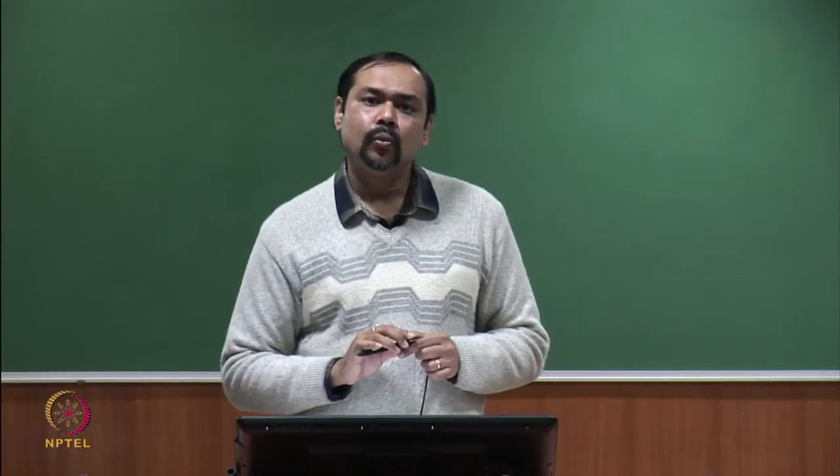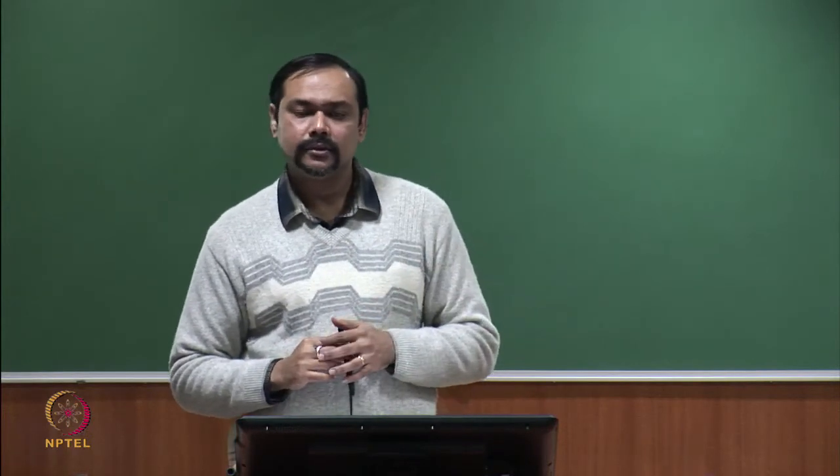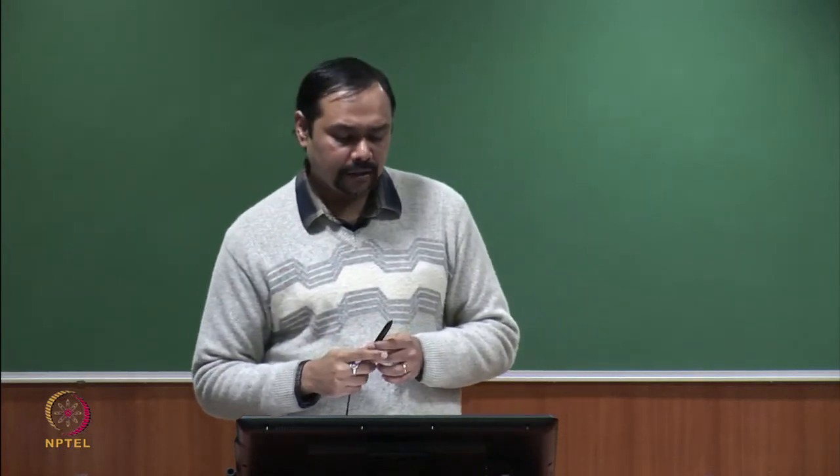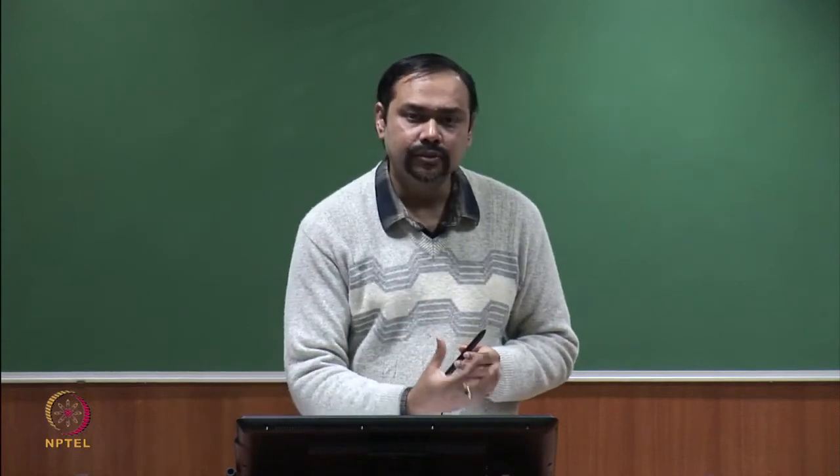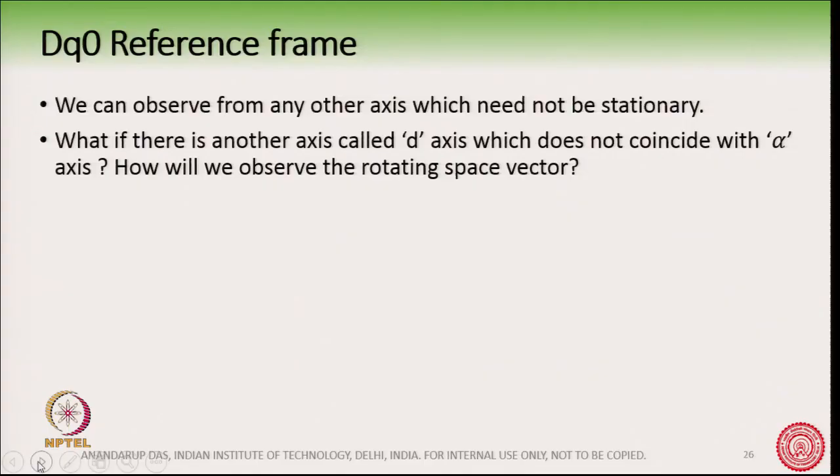So, then what will happen, or how will I visualize the space vector? If I sit on that rotating reference frame, how will I observe the space vector which is also rotating? Okay. How will I see that? This we can analyze through something called the dq0 reference frame. Okay. This is what we will analyze.